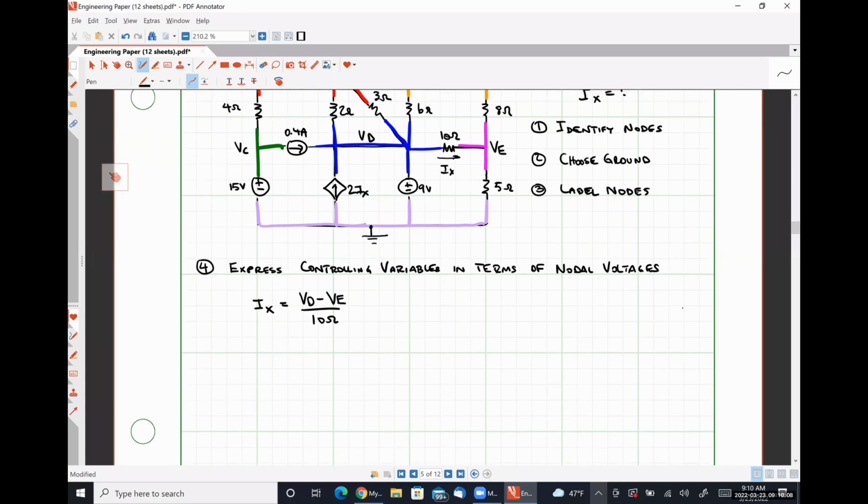So this is where we're going to have something different. Before we move along to our KCL expressions, we are going to write voltage relationship equations for every voltage source.